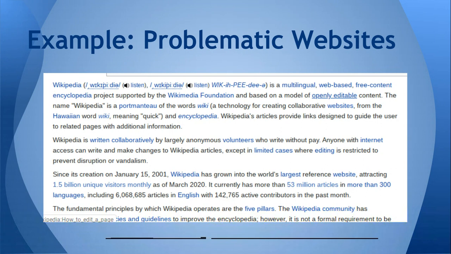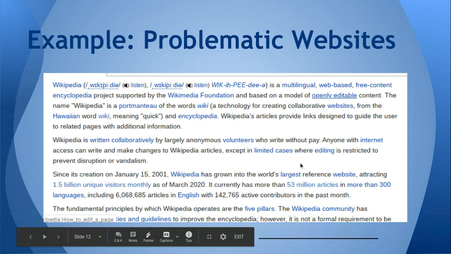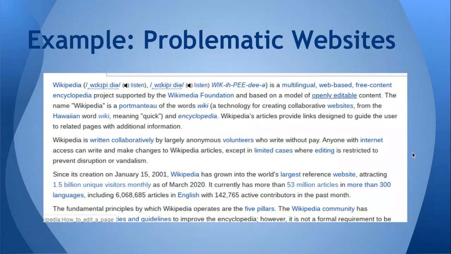However, Wikipedia isn't useless. It's certainly an excellent place to go for general information about different things. And also, you can go down to the reference page on a Wikipedia article and get lots of good information there. So it's perfectly fine to start with Wikipedia. You just don't want to end with a random Wikipedia page.